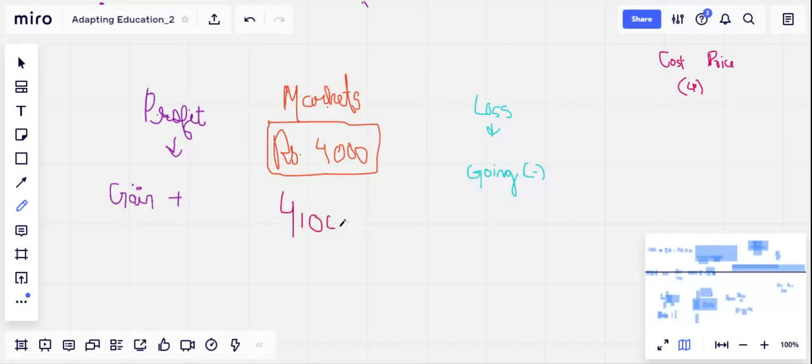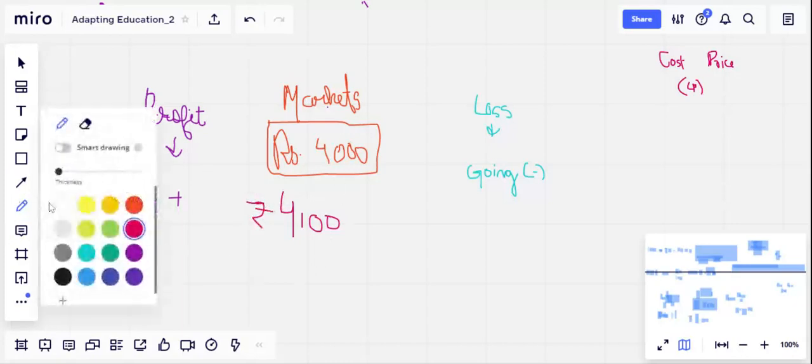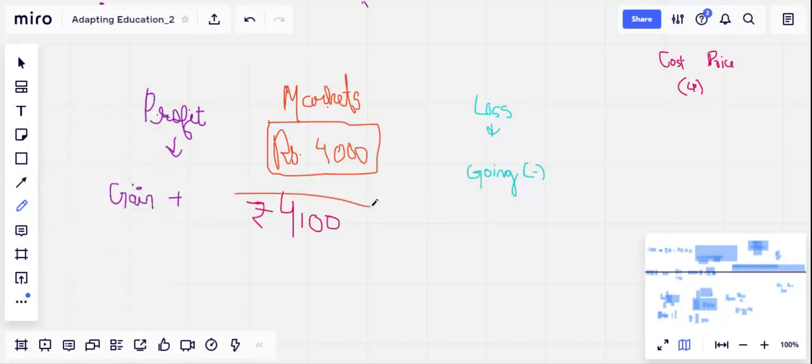The price at which you sell things is known as the selling price. So the price at which you buy something is your cost price, and the price at which you sell something is your selling price, denoted by SP.